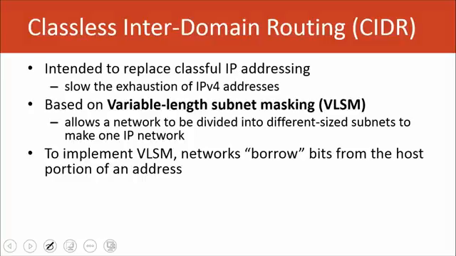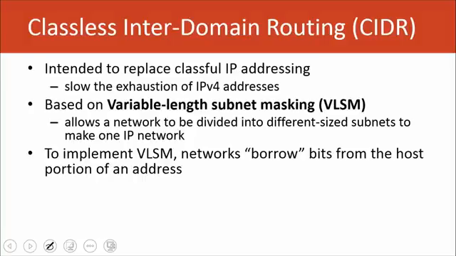It's based on something called variable length subnet masking, and that allows us to divide a network into those different size subnets. To implement VLSM, networks borrow bits from the host portion of an address. So if you have 32 bits, like if we looked at a class A address, with 8 bits for the network portion and the other 24 bits for the host, that Class A network could borrow bits from the host portion in order to create subnetworks.